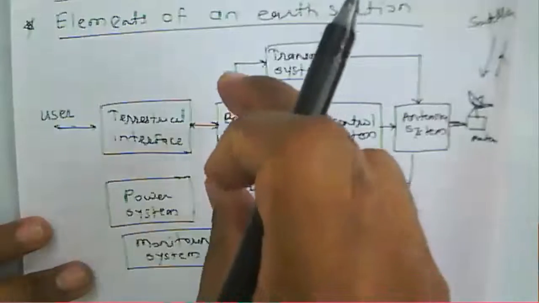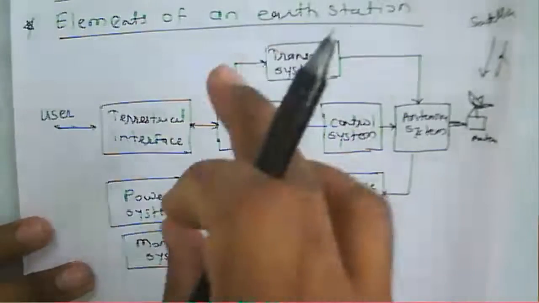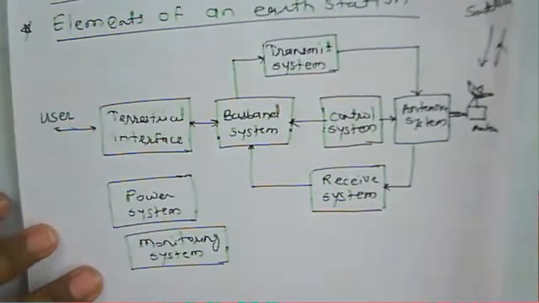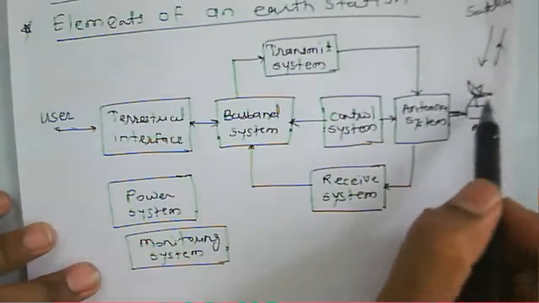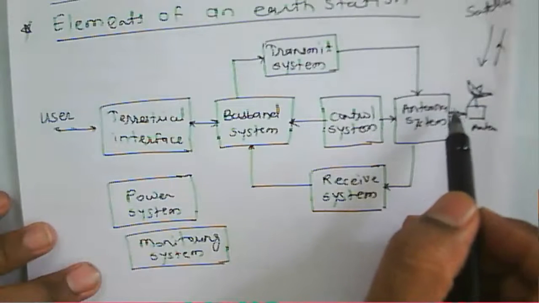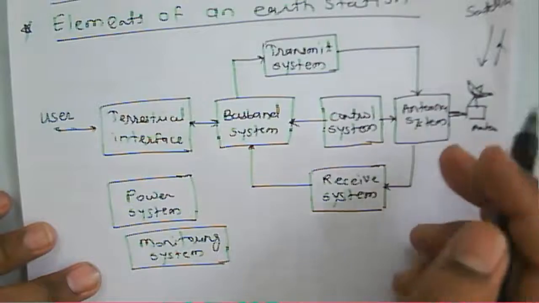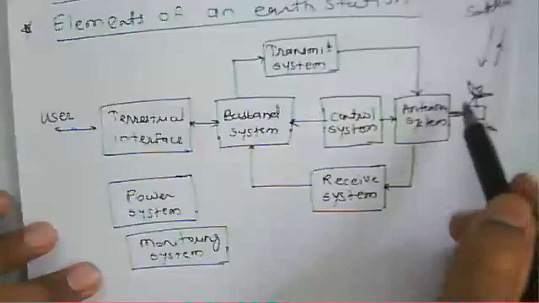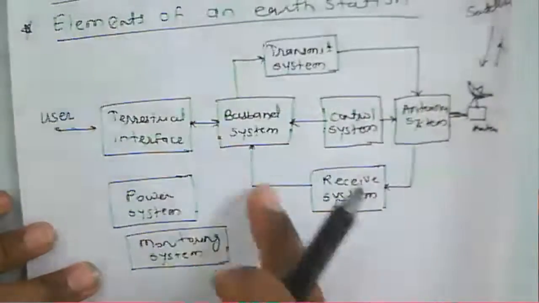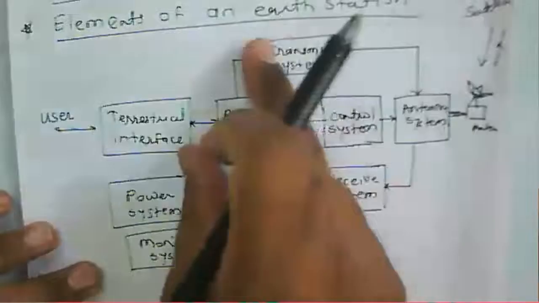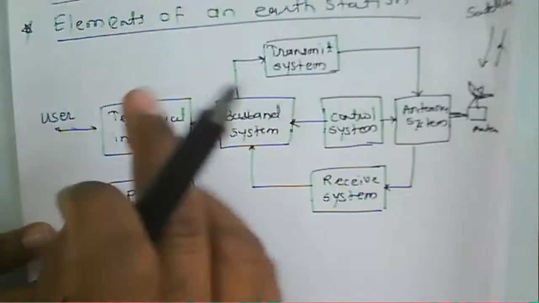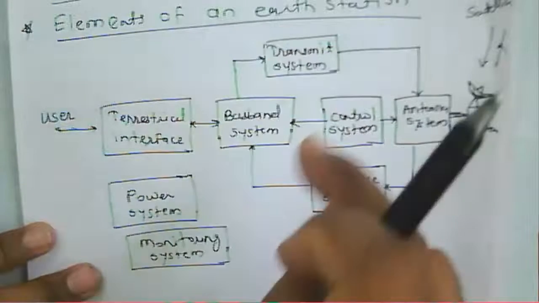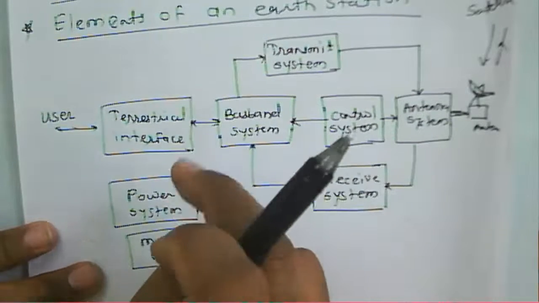And then we can say the basic, main component of this earth station is the antenna here. It will transmit the signal as well as receive the signal. Then we have this baseband module, which will interface the users for transmitting as well as receiving.